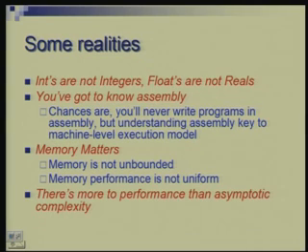Similarly, an abstract model of memory may say that it is simply an unbounded array of bytes or words, but physically memory is bound. You have a limited number of words or a limited number of bytes, each has a fixed number of bits, and it may not necessarily be equally fast to read different words of memory.